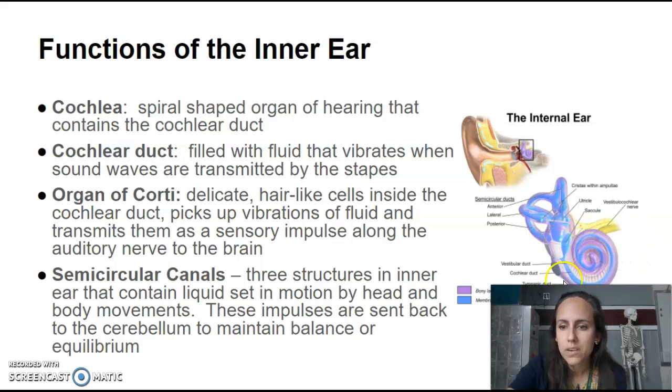The round part, the part that kind of looks like Ursula's necklace, Ursula's shell, that part is the cochlea. That is the area that collects those vibrations from those little itty bitty bones in the middle ear.